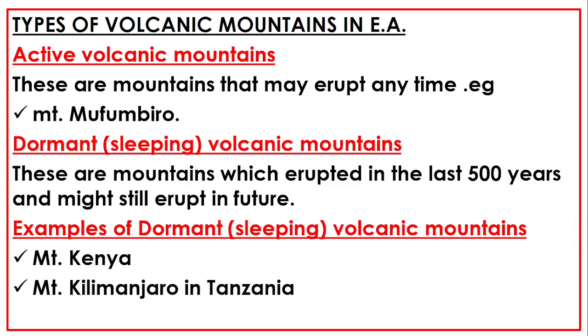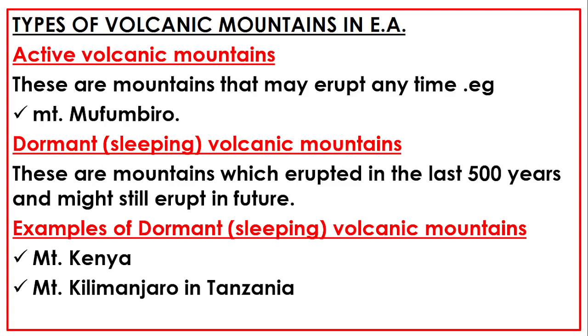We have Mountain Kilimanjaro, located in Tanzania. By the way, Mountain Kilimanjaro is the highest mountain in East Africa. If I ask a question, you would see people writing Mountain Rwenzori. No, Mountain Rwenzori is not the highest mountain in East Africa. The highest mountain is Mountain Kilimanjaro, and actually it is the highest mountain in the whole of Africa.